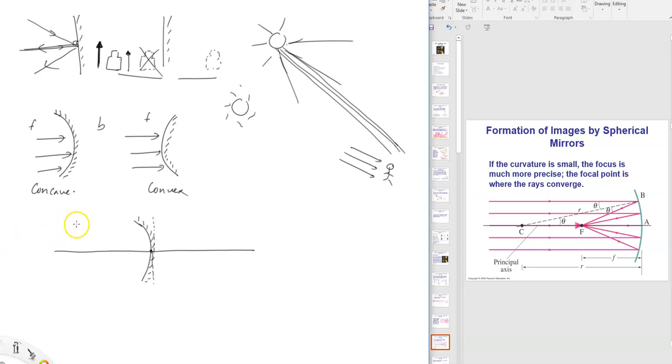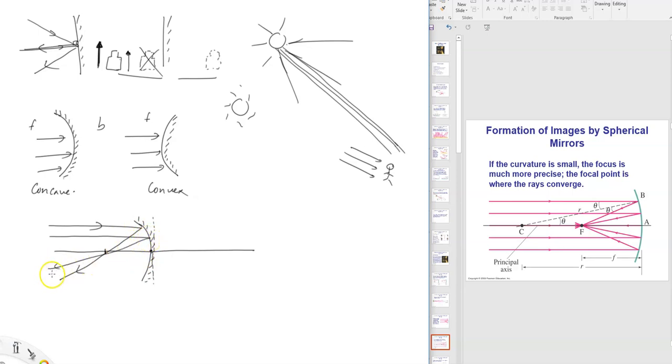Light that comes parallel to the central axis reflects and goes through a point in front of the mirror. Now the light reflects, right? It goes back to the same direction. Coming from the left side, it goes to the left side. All that parallel light, if this is a good mirror, they all go to the same point.